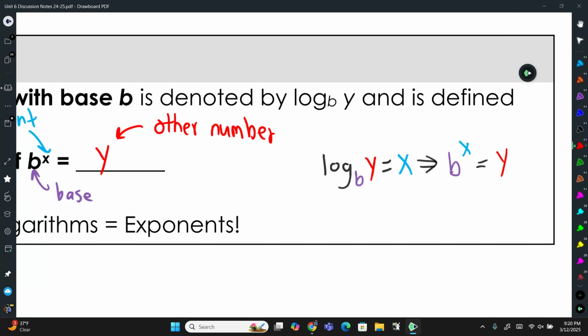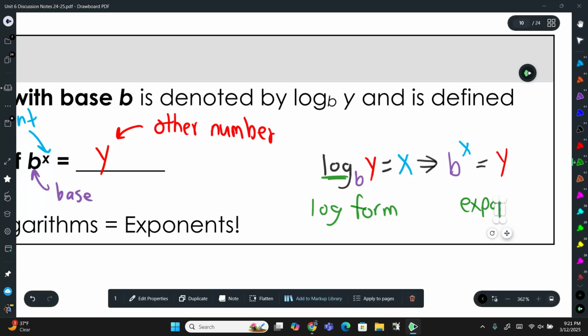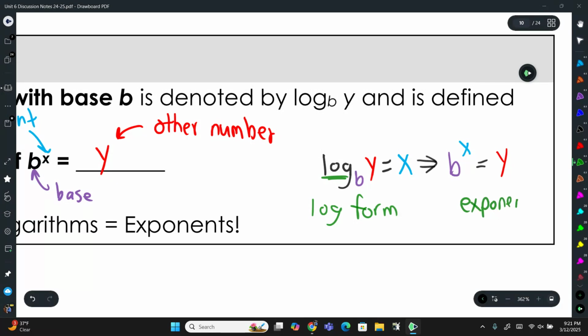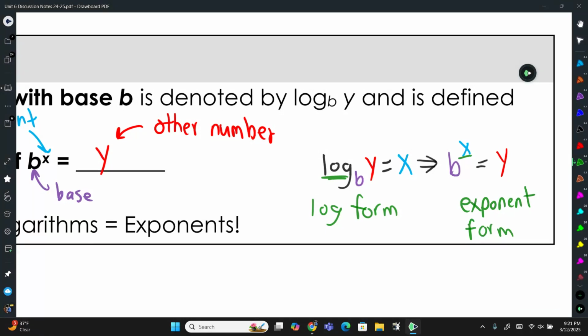So we can go back and forth from the left side to the right side or the right side to the left side. So we can use logarithms or exponential forms to evaluate. Over here on the left, this is called log form because it has the word log in it. And over here, this is exponent form, because it has an exponent.